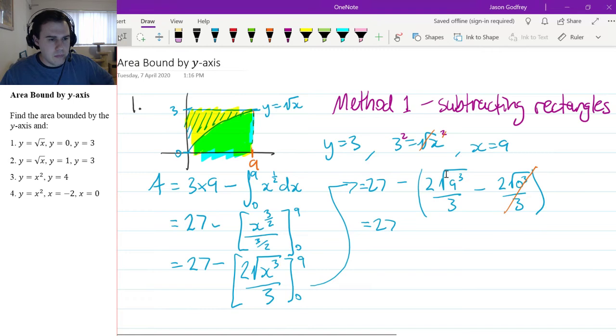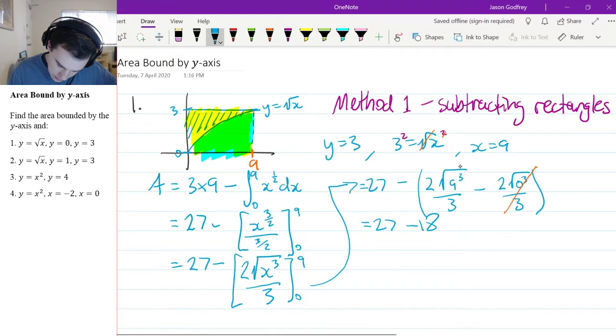Now here, remember you can do these in either order. Of course you can put this in your calculator, but I'm just doing it in my head. So you can do the square root first. So square root of 9 is 3. So we've got 3 cubed is 27. 27 over 3 is 9, and 9 times 2 is 18. So this is 27 minus 18, or if you just threw the whole thing in your calculator, you would get that this is 9 square units.